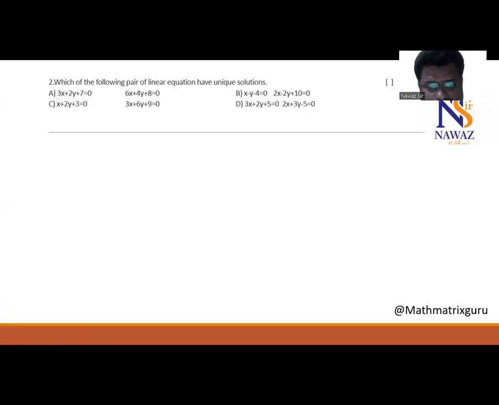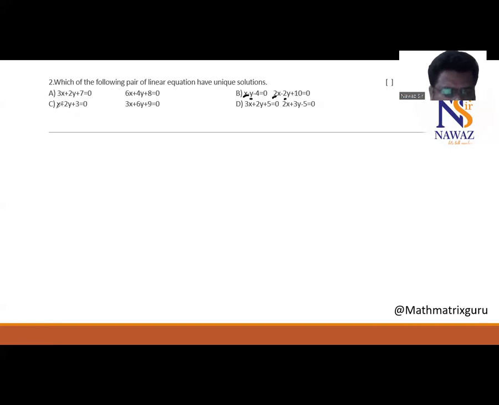Option B also: a1 is 1 and a2 is 2, so 1 by 2, and b1 is -1 and b2 is -2, so again it is 1 by 2. So option B is also not correct.